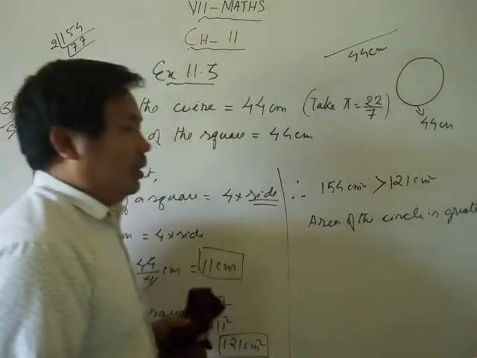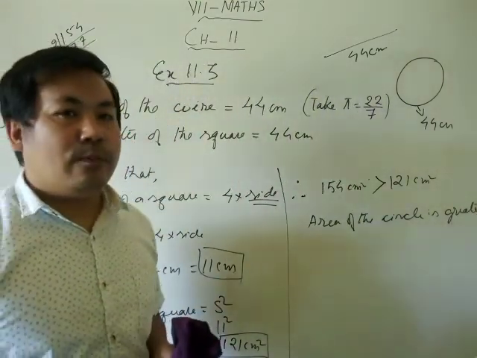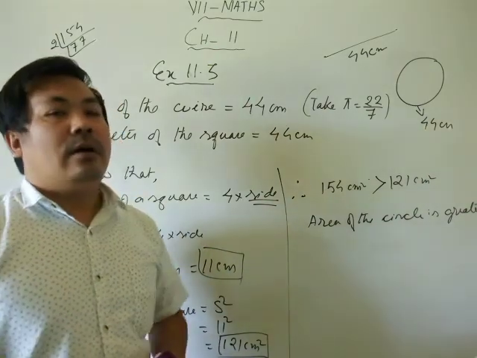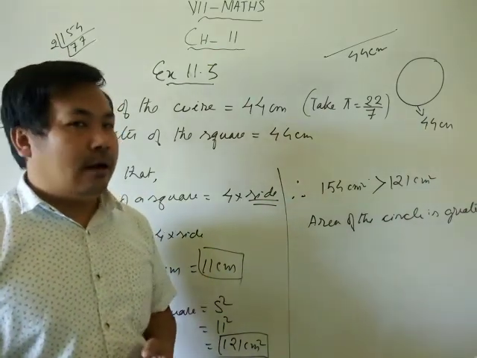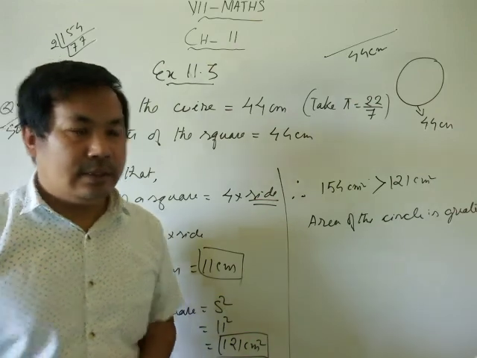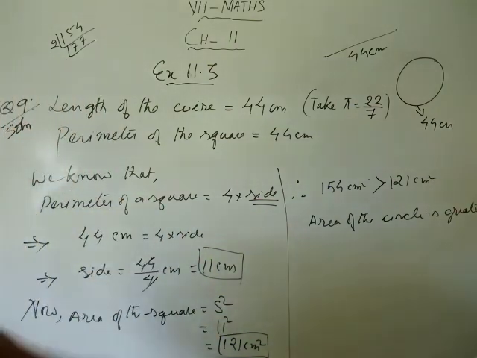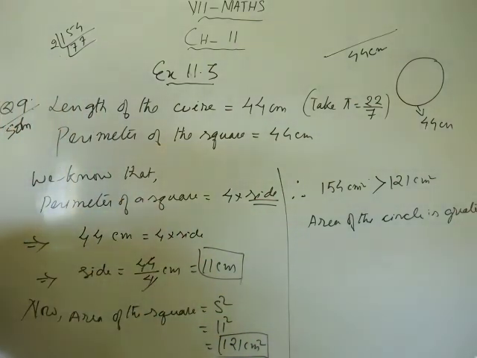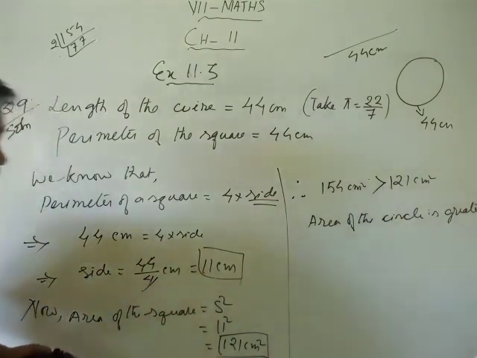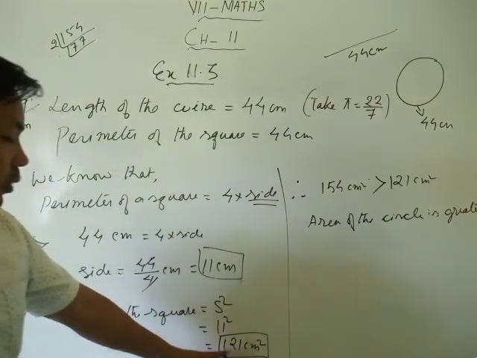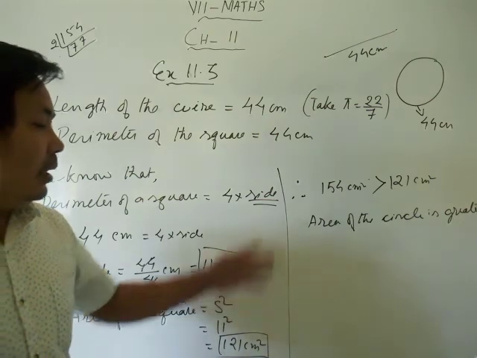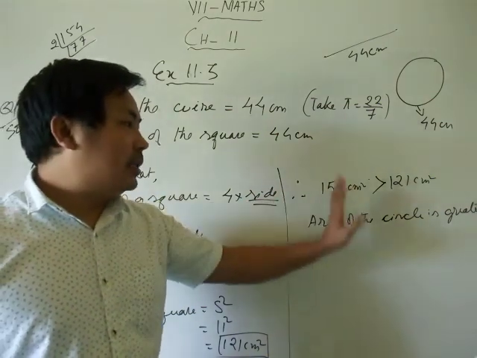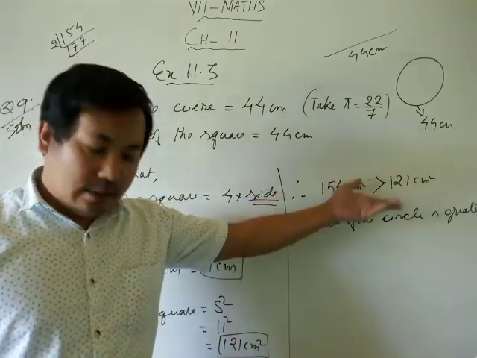The circle encloses more area with the same length of wire as the square. Understand? So this is the answer. We get 11 centimeter as the side, its area is 121 centimeter squared, and the area enclosed by the circle is greater than the area enclosed by the square.